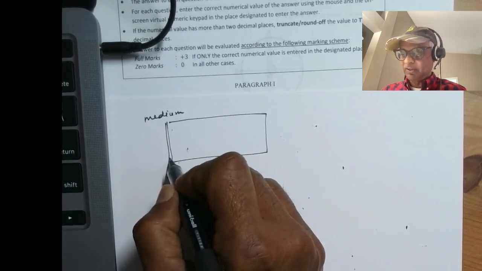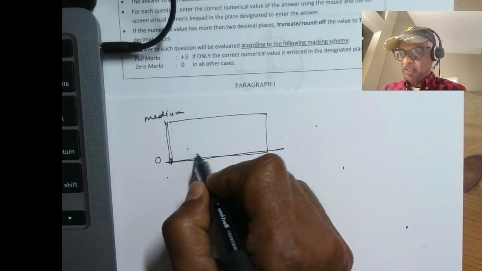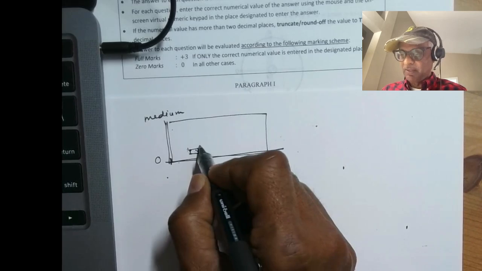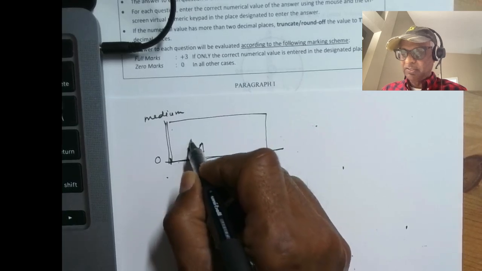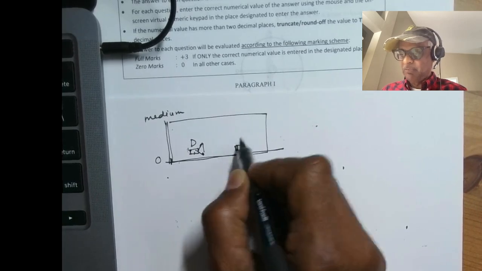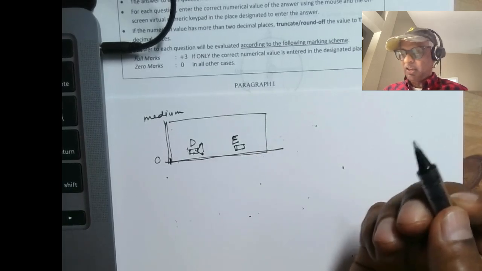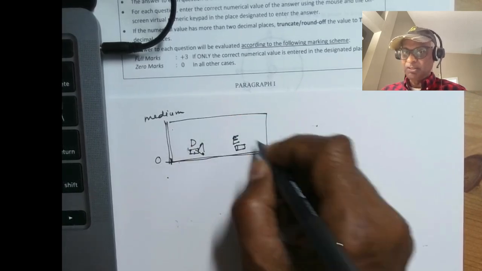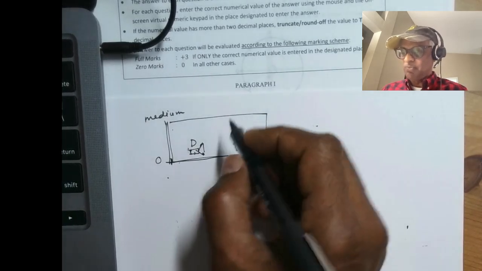So this is a reference frame, say reference frame O, and then there is a detector of sound, and then there is an emitter of the sound, and each one can be moving in whatever direction, right?